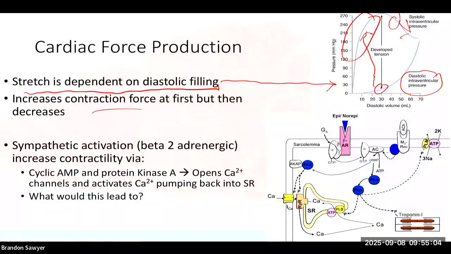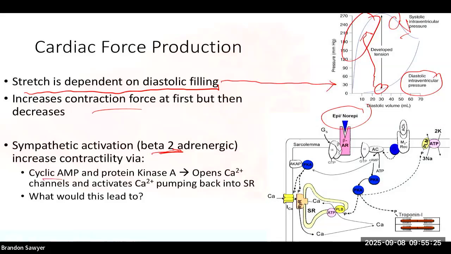Okay, sympathetic activation of our heart is via beta 2 adrenergic receptors. We'll talk more about those receptors later. But this is epinephrine and norepinephrine binding to these receptors, right? We can see that here. You can see that's a G protein coupled mechanism, right?